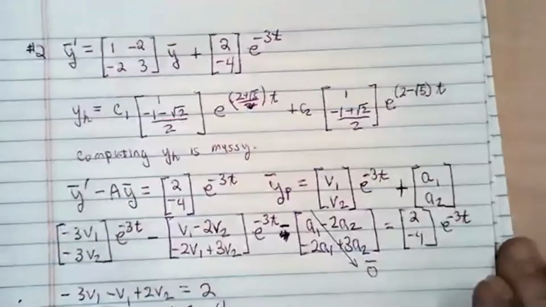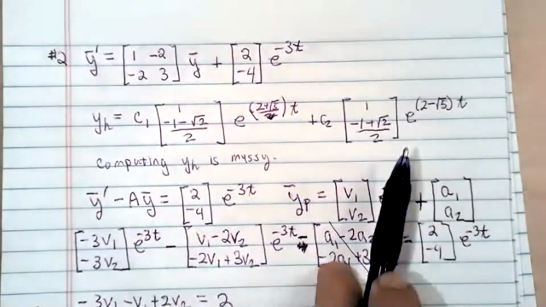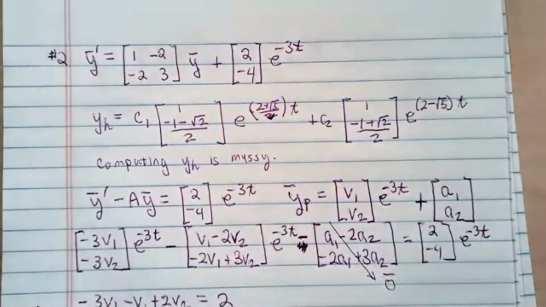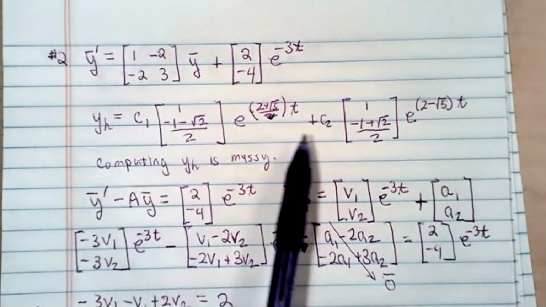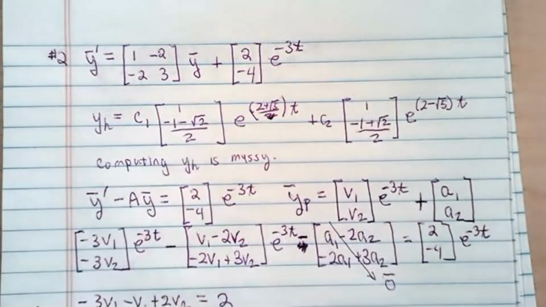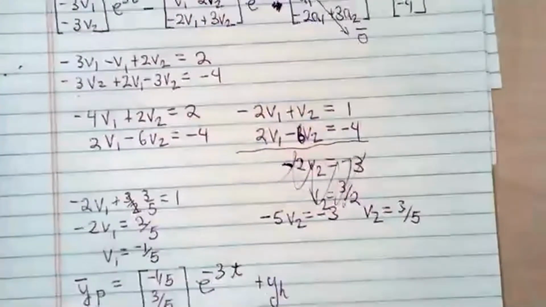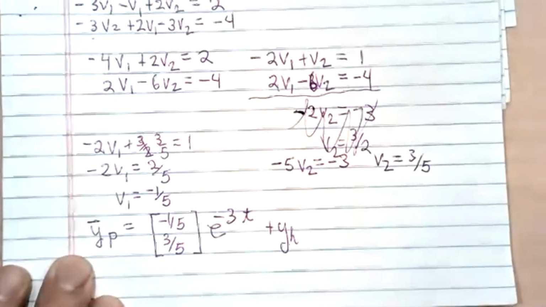And by the way, if you were doing this and it just really got ugly, there's no reason you couldn't type it into MATLAB or something and ask it to give you the eigenvectors and the eigenvalues, and you get decimal approximations. In most practical situations, that's plenty good enough, because you can run out as many decimals as you need.